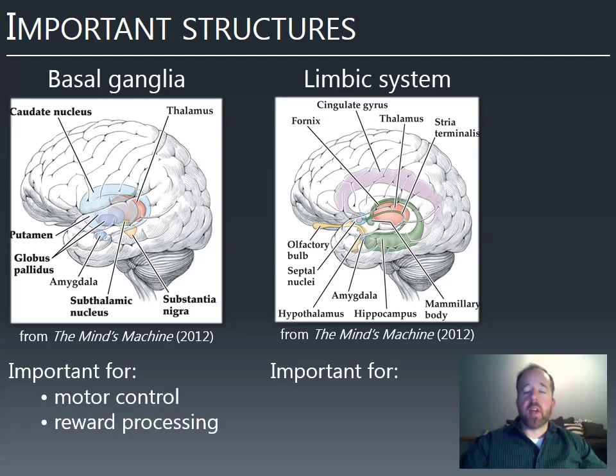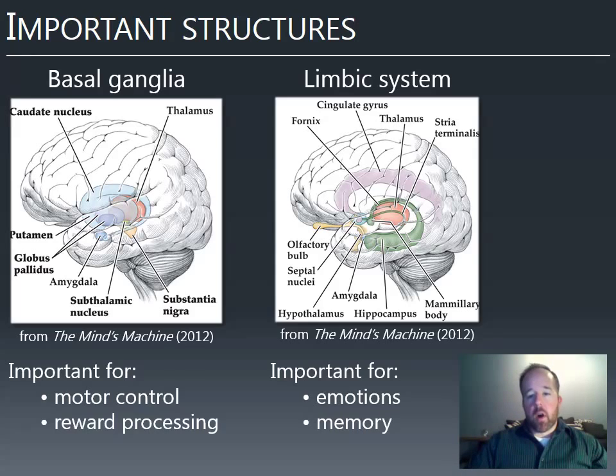And so these are the two things that the limbic system really does, is process emotions and handle memory. And so these are obviously two very important functions. And again, it's not immediately obvious why the same system would handle these two functions.